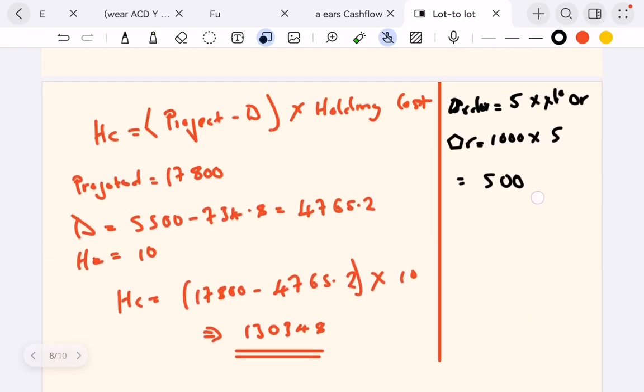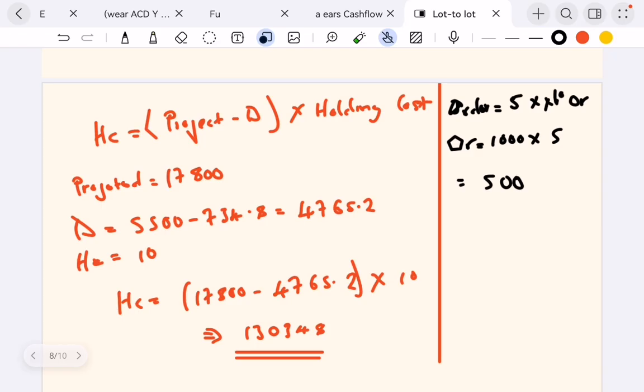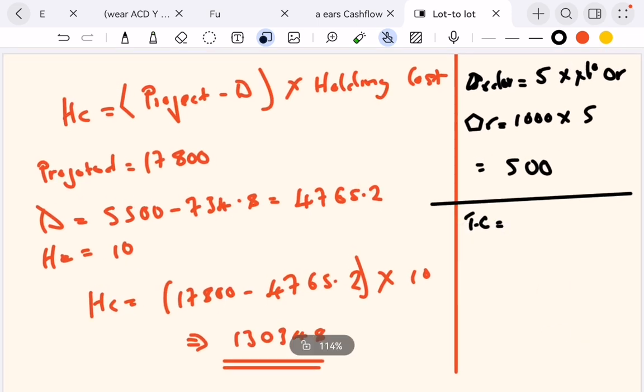Then total cost. So total cost will be equal to holding cost plus ordering cost. So the total cost here will be equal to, this is 5,000.